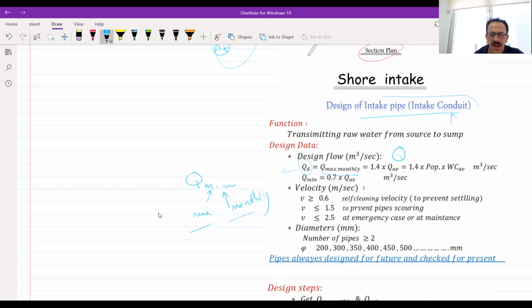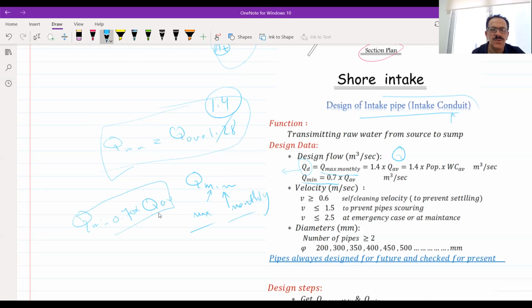To find this maximum monthly, it will be Q average times 1.28, and from experience we use 1.4. This is as a maximum. There should also be a minimum. Usually, as a designer, you have two, maximum and minimum. The minimum will be the average times 0.7.